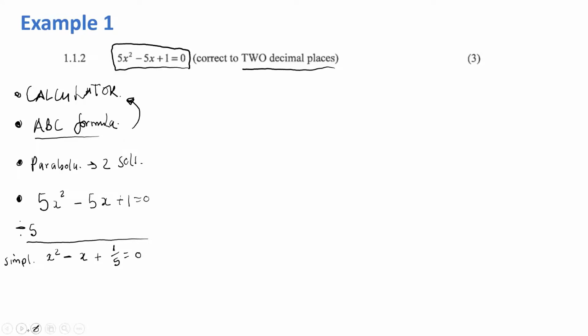Fine. Now I'm going to write down the ABC formula. So, formally the ABC formula is written like this. x, because that's what I want to solve, x equals, well, minus b plus or minus the square root of b squared minus 4ac, over 2a.